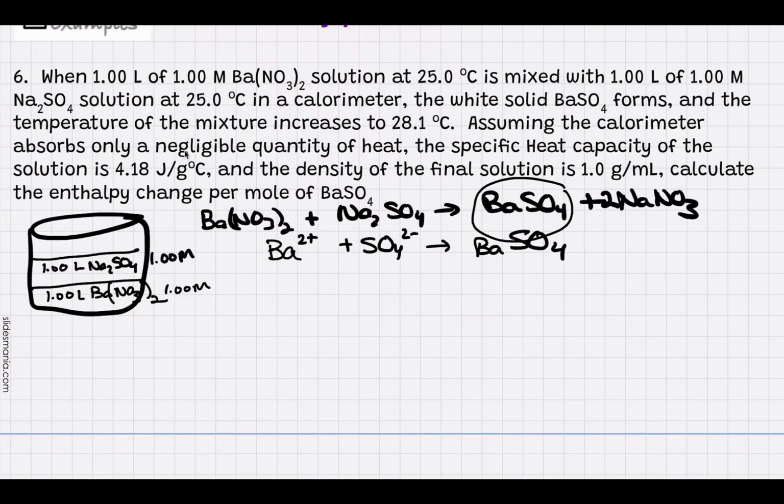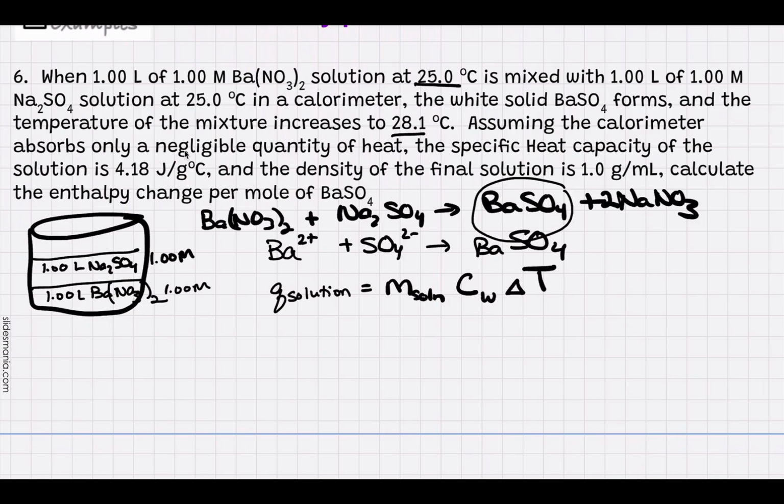And again, I can calculate the amount of energy that the solution gains, because we're at 25 and we end at 28.1. So I'm going to take the mass of the solution. I'm going to use the specific heat of water and the delta T.